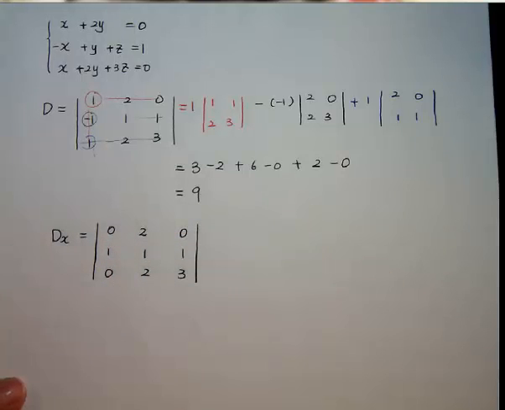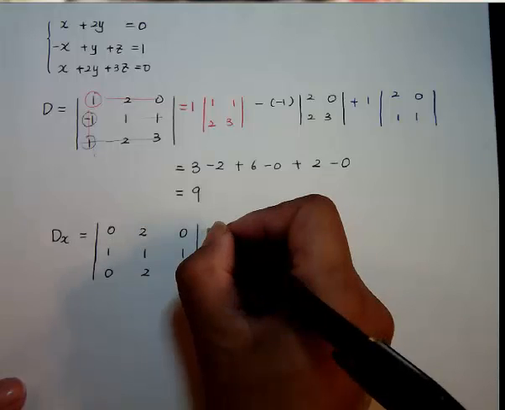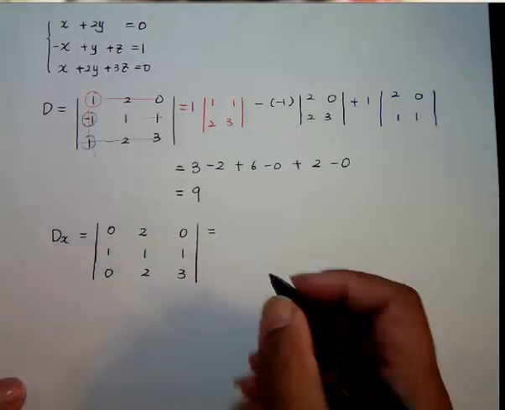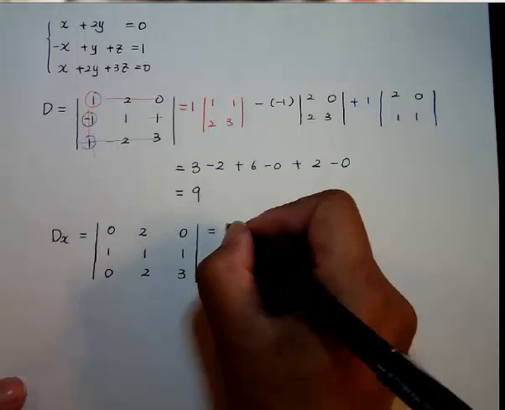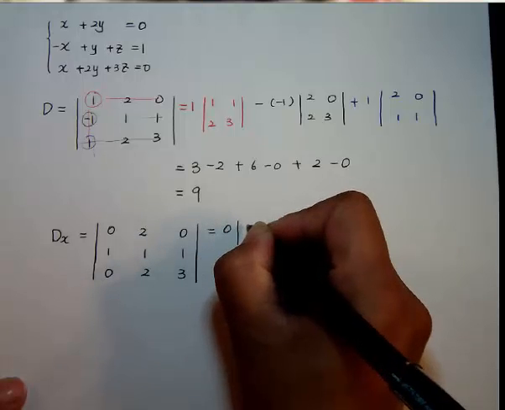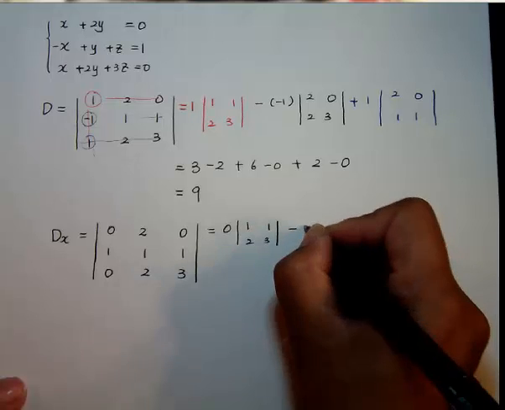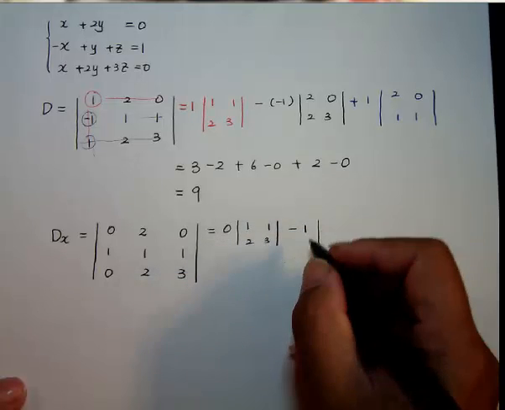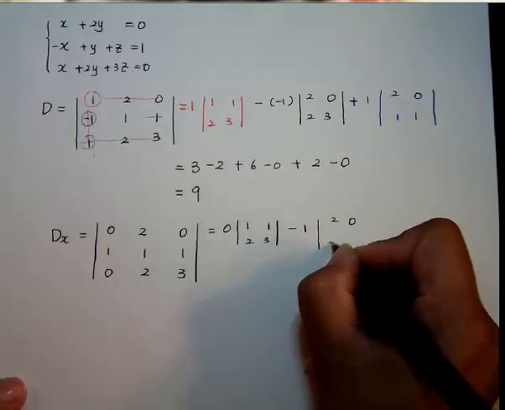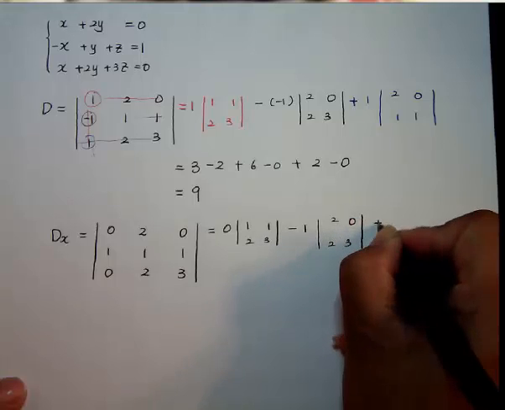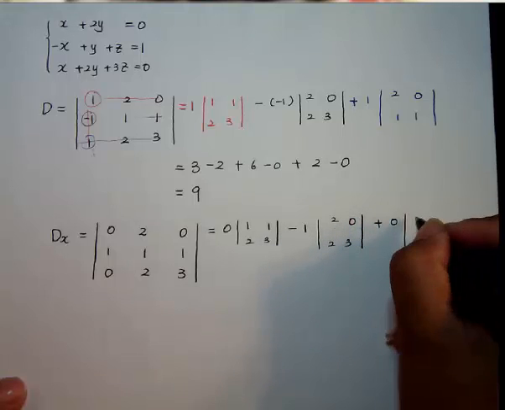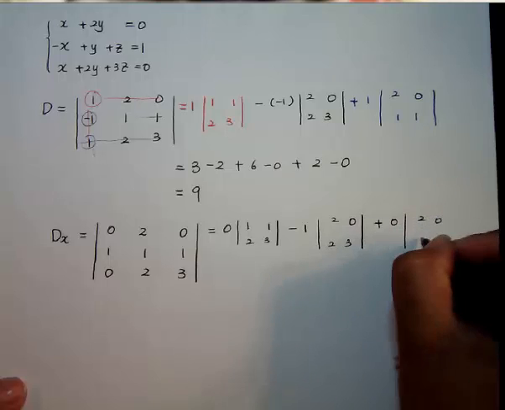Going through a similar process, that equals 0 times the determinant 1, 1, 2, 3 minus 1 times the determinant of 2, 0, 2, 3 plus 0 times the determinant of 2, 0, 1, 1.